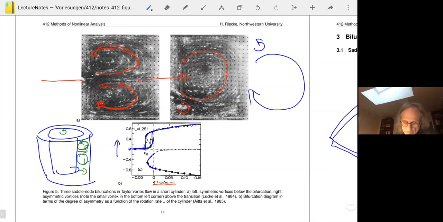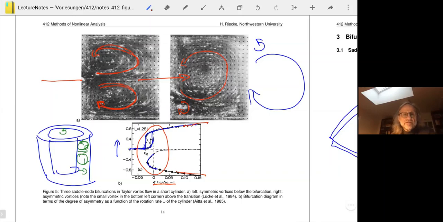And indeed, if you look at it a little bit further away from epsilon equals 0, you see that you have both positive as well as negative asymmetry, and these are symmetrically related. But near the bifurcation point here, that's actually not the case. And so this is one of those situations where the system is not perfectly reflection symmetric, but rather there's a slight symmetry breaking, which is not intentional.